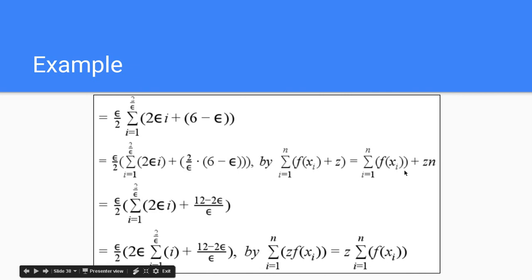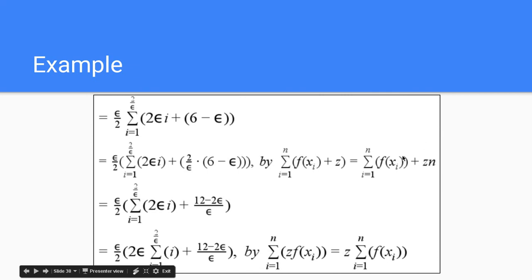The reason is that n is how many times you're doing an addition. So if, let's say, a constant is 3, and n is 3, that means you're going to be adding 3 to your f of x i, 3 times. If you're adding 3 to it 3 times, that's 9. So you can take the 3 out, and then multiply it by how many times you're adding it, and that would be your n.